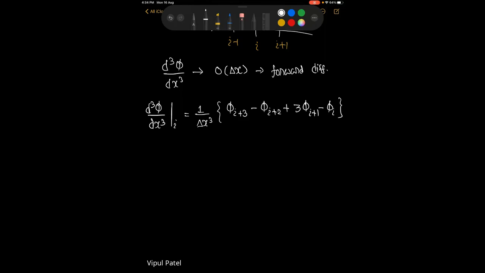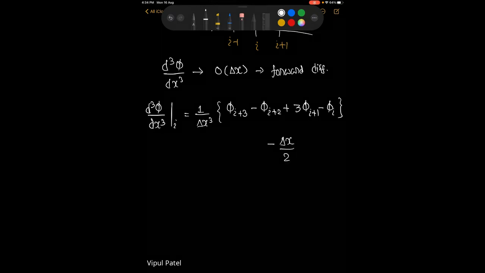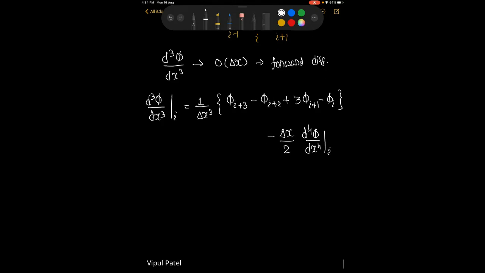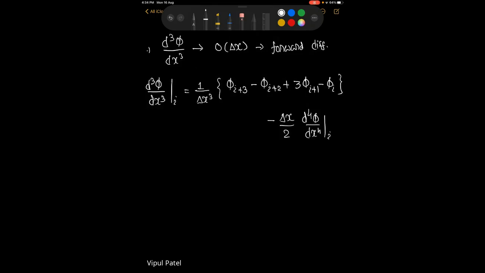The whole thing would be divided by delta x cube, but we have already taken this delta x cube into consideration, so you don't have to divide separately. And obviously this particular term has the order of accuracy of delta x. These are the terms which we are actually neglecting for the higher order term. So this is one of the formulations which you can have.